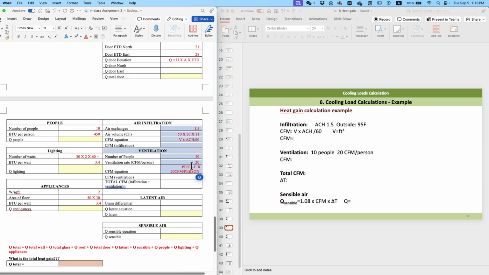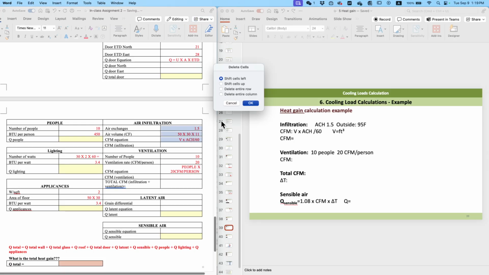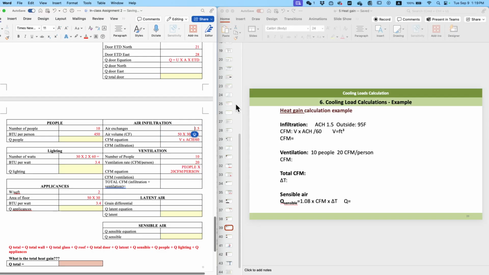And once we finish the CFM calculation, okay, I will adjust later. So when we get the infiltration and ventilation CFM calculation, we can finish the rest of the two tables: latent air heat gain and sensible air heat gain. GD, what's a GD? We can find it from the psychrometric chart.